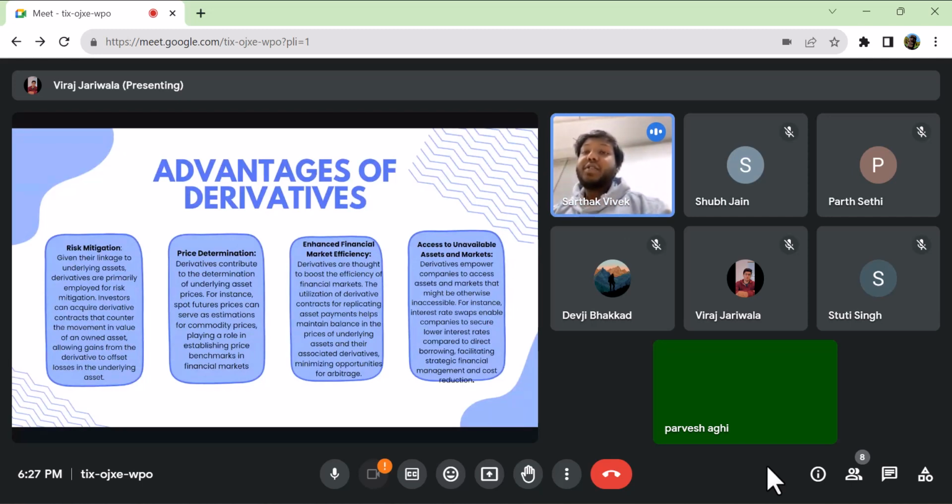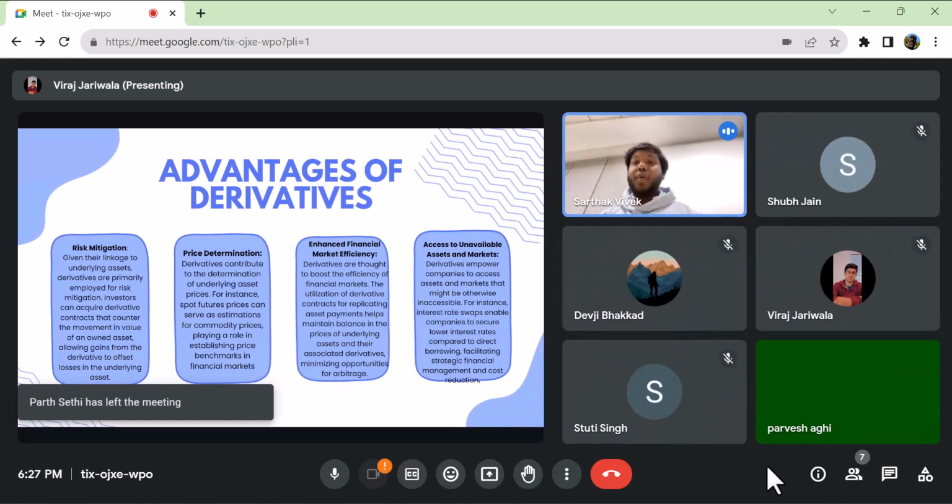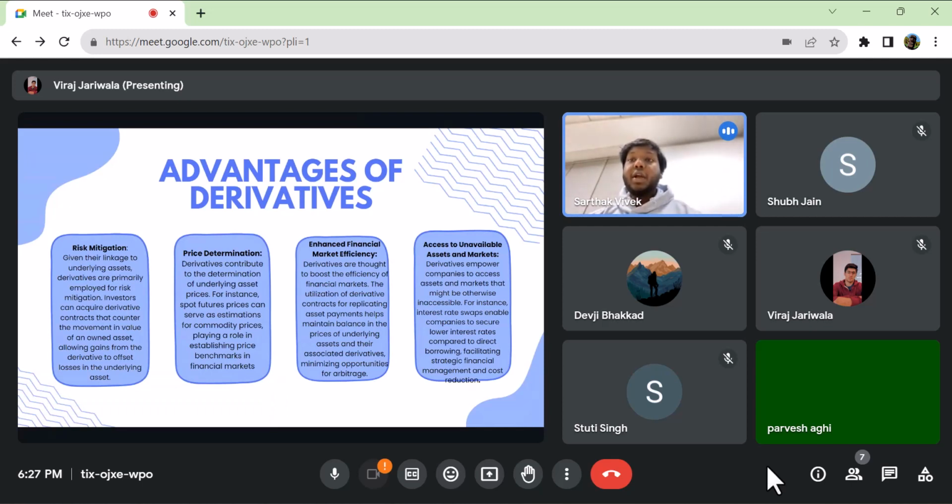We have the advantages of derivatives. The first one is risk mitigation. Sir, the biggest advantage that derivatives provide is that they let you mitigate risk, and the second is price determination. It can contribute to the determination of underlying asset prices.